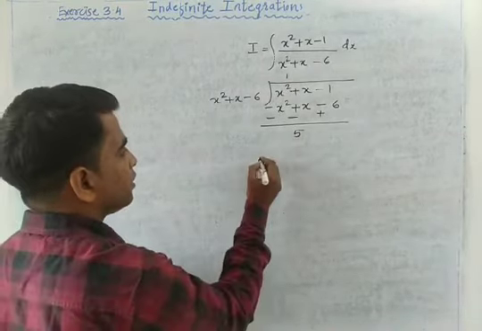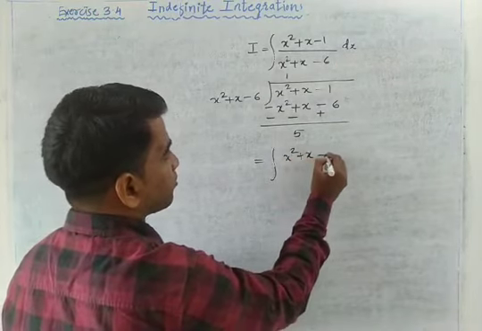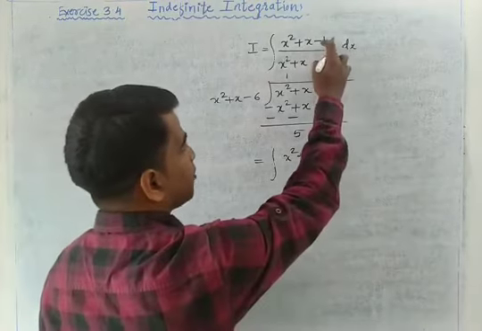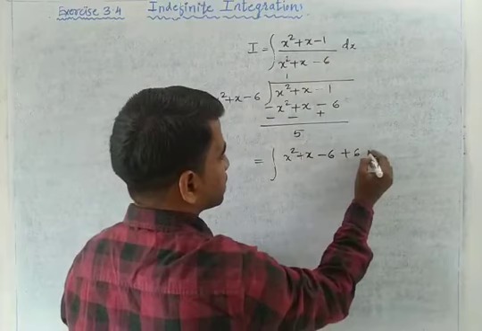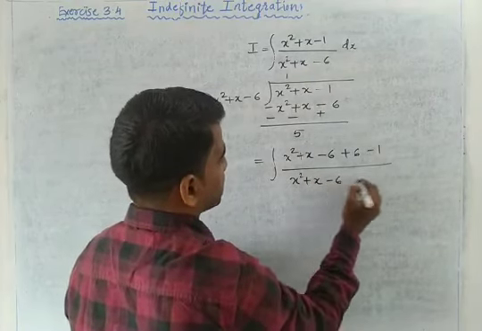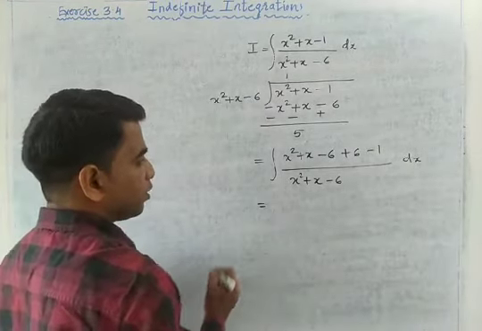So what we'll do, in the numerator, integration x square plus x minus 6. Get it? And now minus 6 if I there, plus 6 minus 1 upon x square plus x minus 6 dx. It means adjustment of numerator we done with denominator.